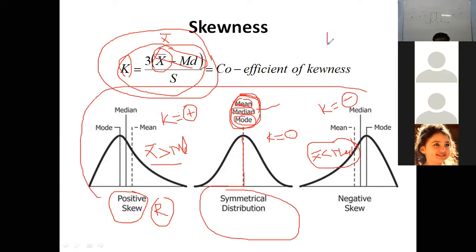Now let's say I have a value of K equal to 0.5. Another example, another data set, I have K equal to 2.5. What can you say about these two data sets?